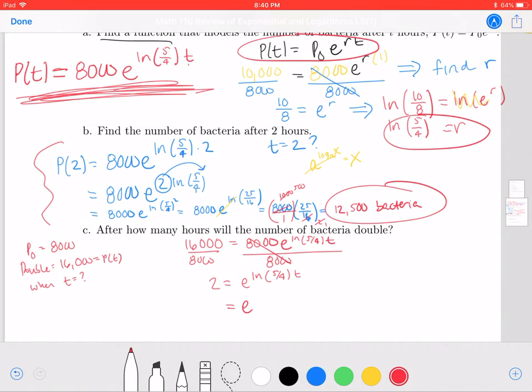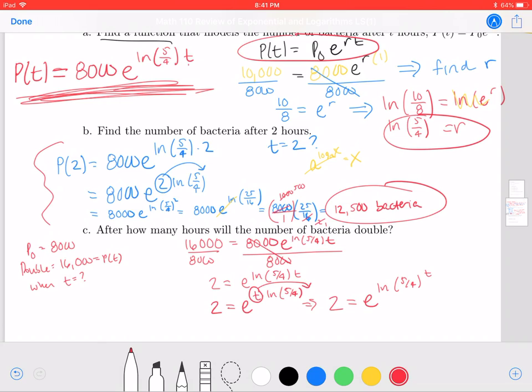I'm going to put the t in front of the natural log, and use the exponent property to move that t into an exponent. So it becomes e to the power of natural log of 5/4 t.